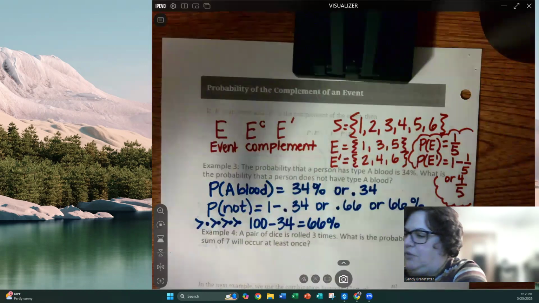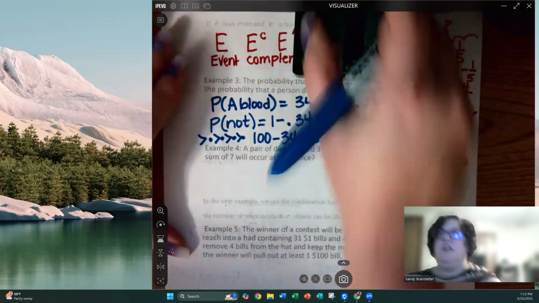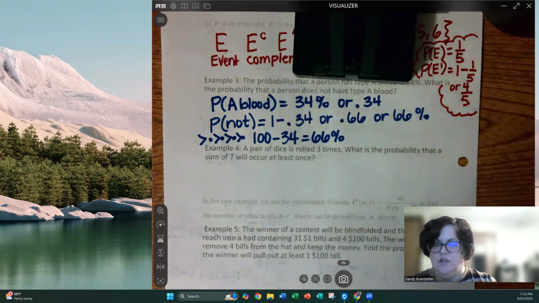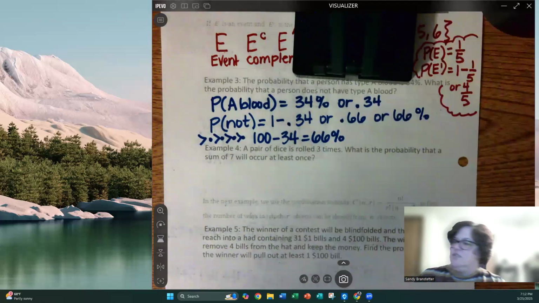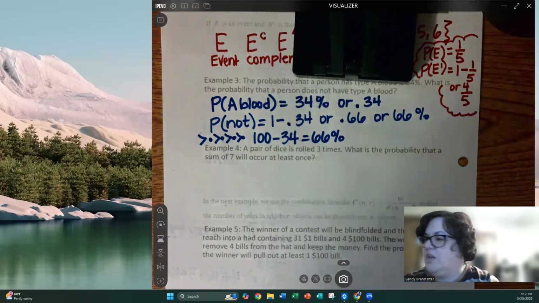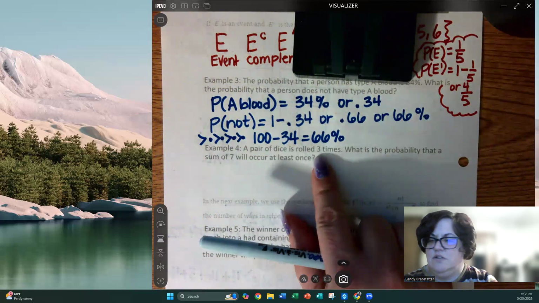All right, for example 4, you may want to look back to a set of dice when you're rolling 2 dice or 2 number cubes, so that you can think about the options to come up with these sums. A pair of dice is rolled 3 times.